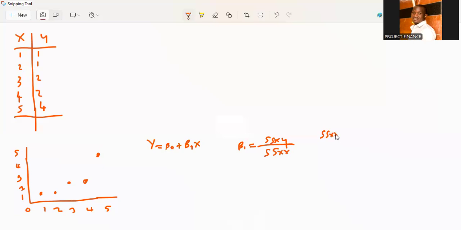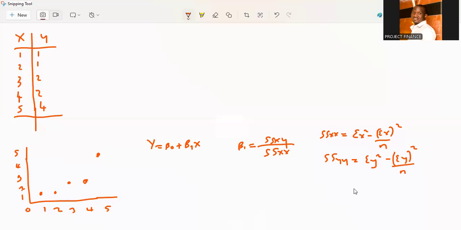Sum of squares xx is given by the summation of x squared minus the summation of x, whole squared, divided by n. What is the sum of squares yy? Sum of squares yy is equal to the summation of y squared minus the summation of y to the power 2 over n.